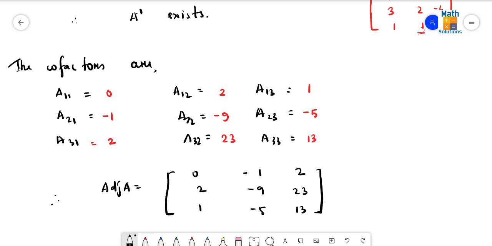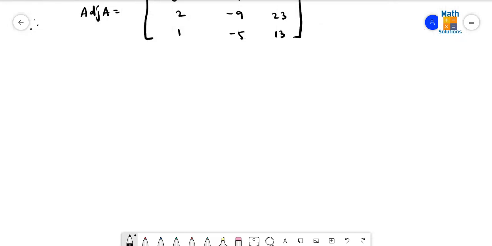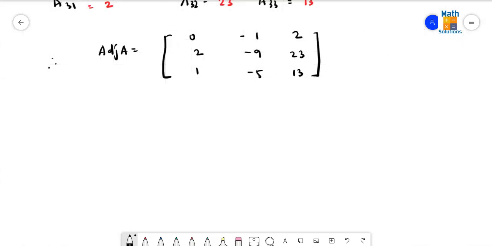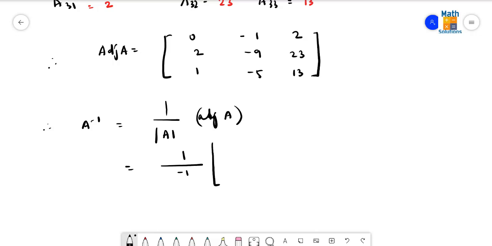After this, I shall be finding out what is A inverse. So coming to A inverse part, therefore A inverse is equal to 1 by determinant of A into adjoint of A. Let's put the values. Determinant of A we got is minus 1, then putting these values, 0, minus 1, 2, then 2, minus 9, 23, then 1, minus 5, 13.